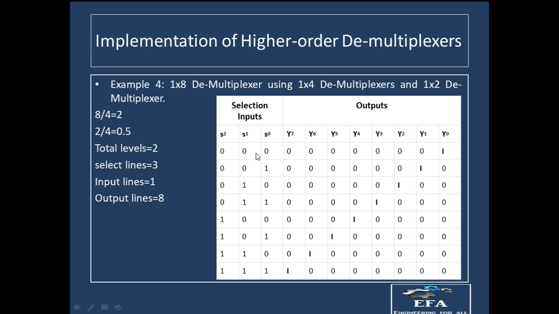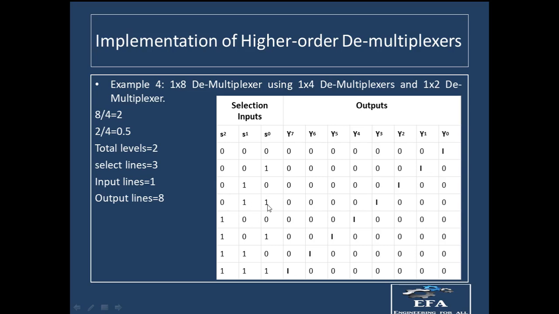Now these select lines will be having 8 combinations, starting from 0 to 7. So if all of them are 0 0 0, the input which is coming from a single line will be sent to one of the output lines, let us say Y0. After that, if you are having 0 0 1, the input will be going to Y1. If you are having 0 1 0, the input will be going to Y2.